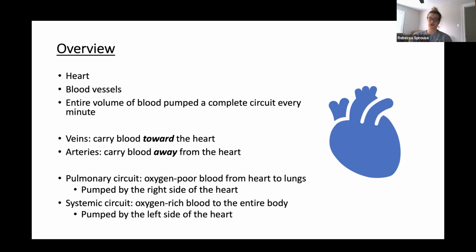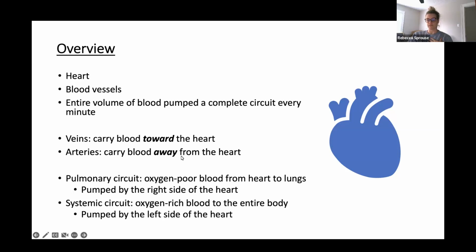Now, this is true for most veins and arteries of the body, except there's one little caveat in the heart, where you quite literally need to think of veins and arteries as toward and away from the heart, because the veins are going to have oxygenated blood in them and the arteries are going to have deoxygenated blood in them. That's the rule of thumb I would go by.